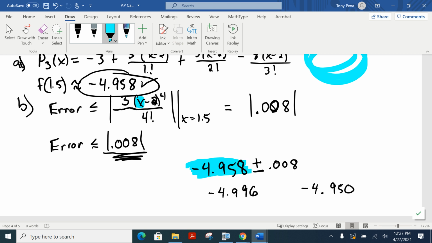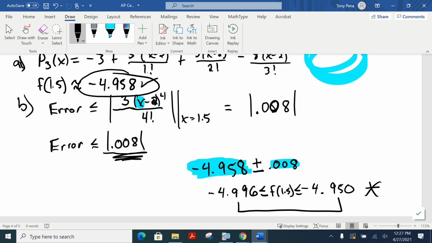If I included the largest possible error I could have gotten, then my functional value at 1.5, while we don't know exactly what it was, had to have fallen within this window. Notice how in this step right here, when we write it like this, are we now showing that f of 1.5 could never have equaled the value of negative 5? Does negative 5 fit in this window of values here? No. So you would want to pull it together at the end with some sort of statement like this to actually answer the question the way that they were asking it.